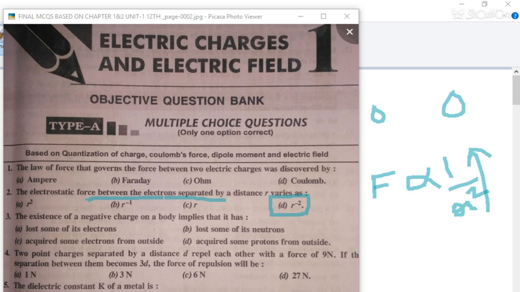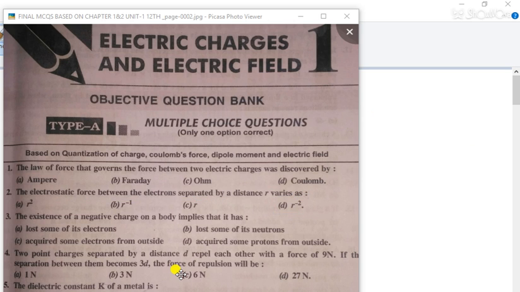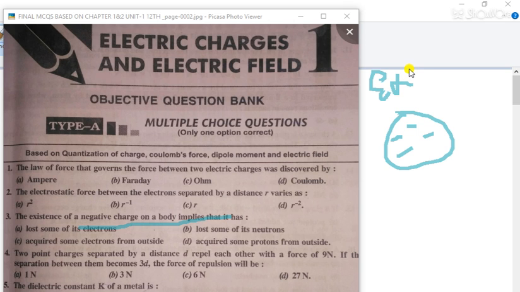Now moving ahead, third question: the existence of negative charge on a body implies that it has. So if a body attains some negative charge, that means the body has excess electrons. That means it has gained some electrons. Like we can take the example of sodium chloride, NaCl.